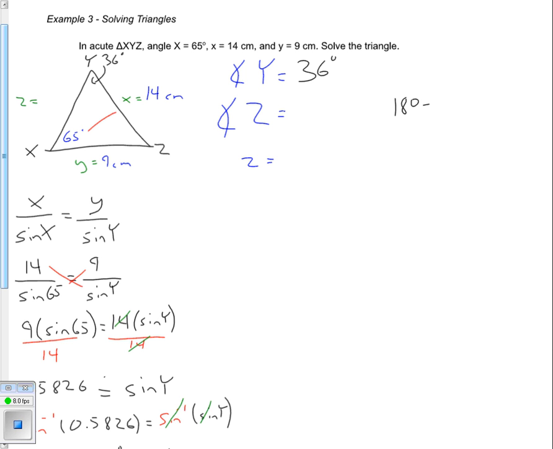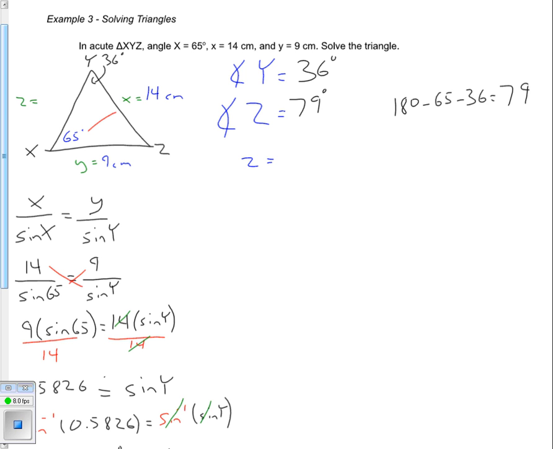So if I have 180 degrees and I subtract the other two angles, I must be left with the third angle. So 180 minus 65 minus 36 is going to give me 79. Okay, so that means that angle z is 79 degrees.